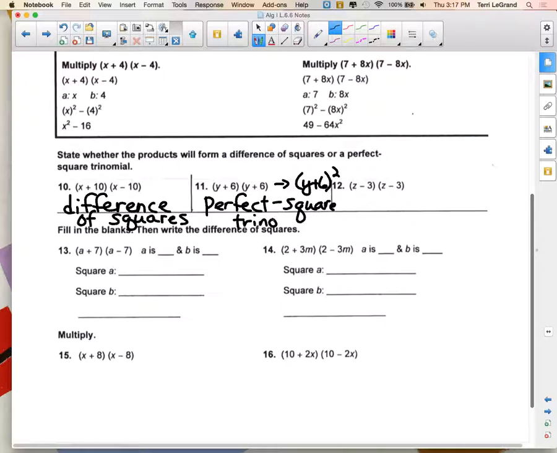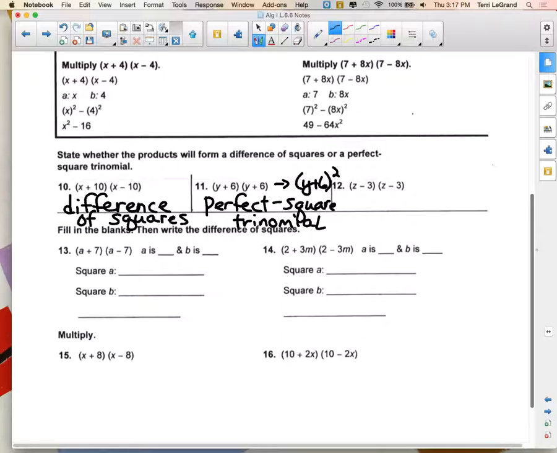So this one we could not use the a squared minus b squared. Anybody know which model we would use for that one? What would the model be for this one? Yeah, a squared plus 2ab plus b squared.